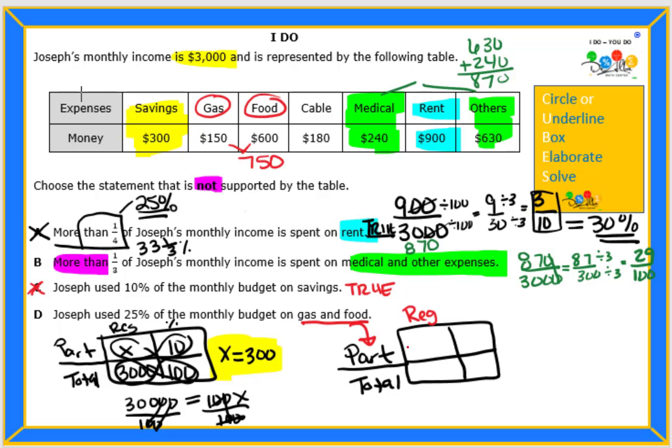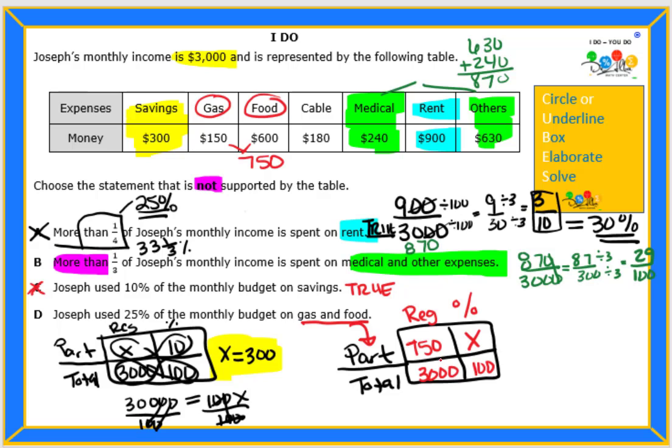And we figured out that that's $750 out of 3,000. And so if we put 100 here, we can figure out the percent. The other way we could do it is we could actually put 25% into this box, which is what we did in the previous one, and then figure out how much money that would be. Okay, so the percent box works either way.